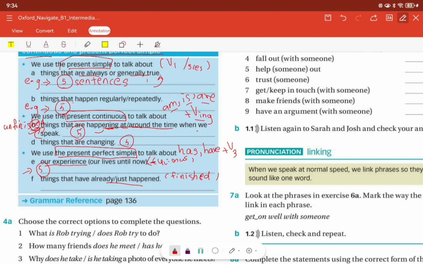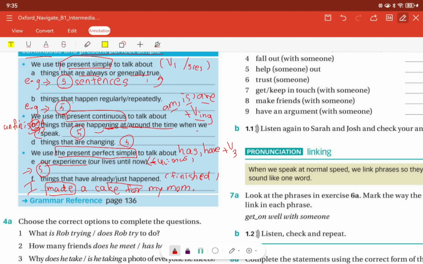For example, I made a cake for my mom. You can see that here the form of the verb is past simple tense.